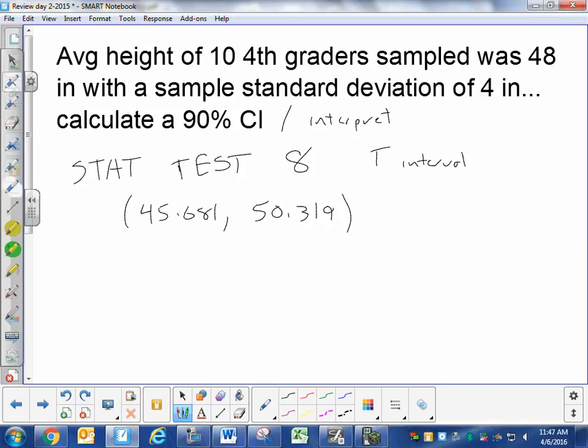Go back to stat test 8 if you did not get it right. 45.681, 50.319. Got it? Okay.